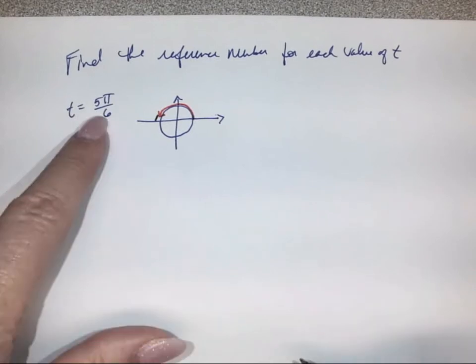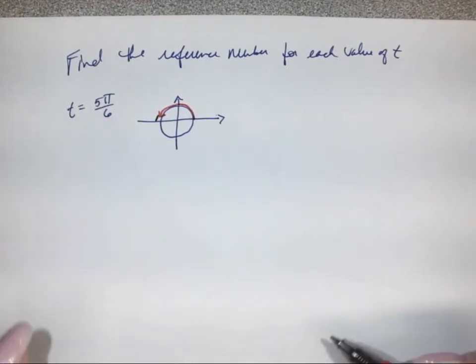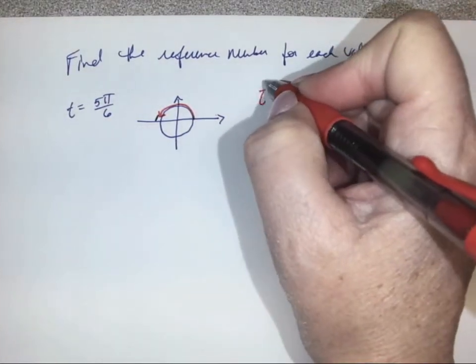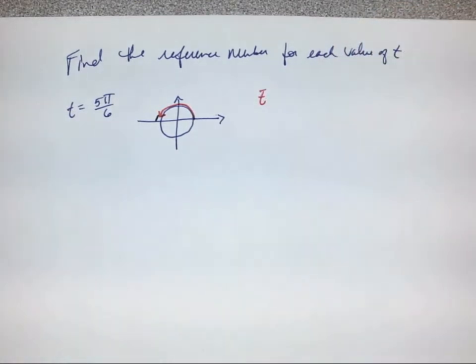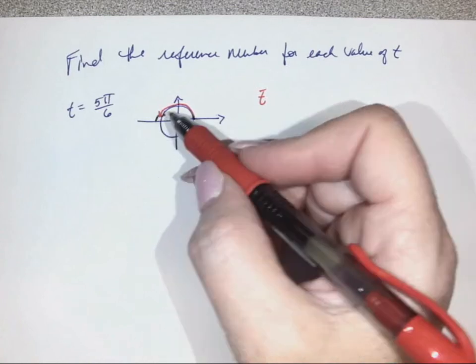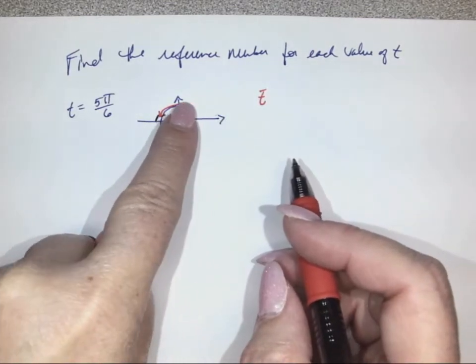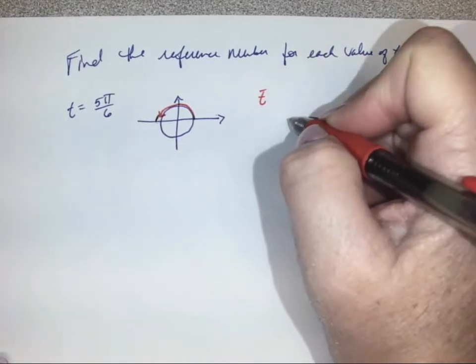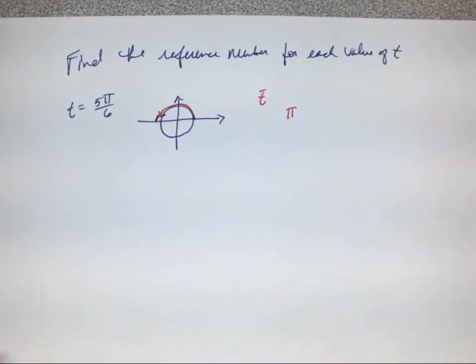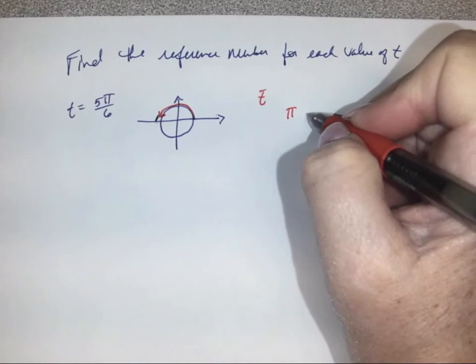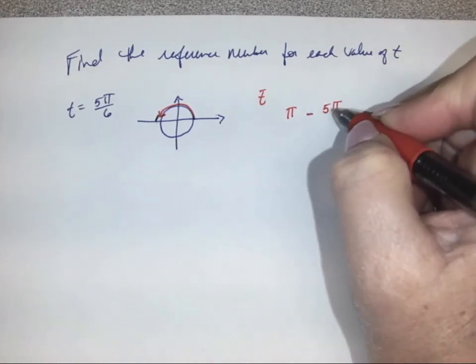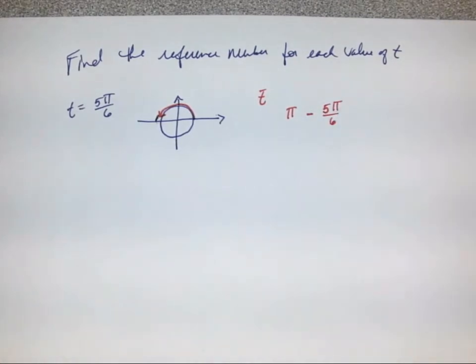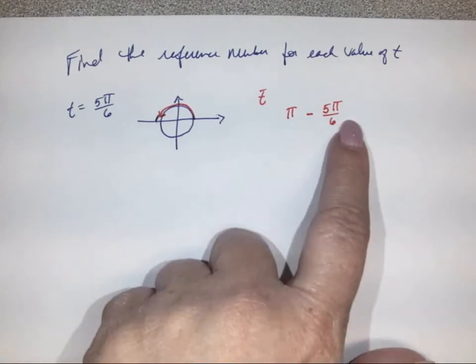So t is equal to 5 pi over 6. To find our t bar, so the t with a bar over the top, we need to find the distance. Well, we know that going around halfway around our unit circle is a full pi. So we know that we've got pi. And we want to subtract that 5 pi over 6. So how do we get our value?